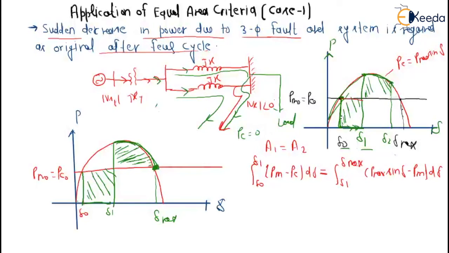So this is the critical point, but after this del 1, if the system is regained, then the inertial force will bring this point greater than del max, like here in terms of P below this Pm, and once it goes below this Pm, our system will be unstable. So we can see here there is a critical clearing angle.